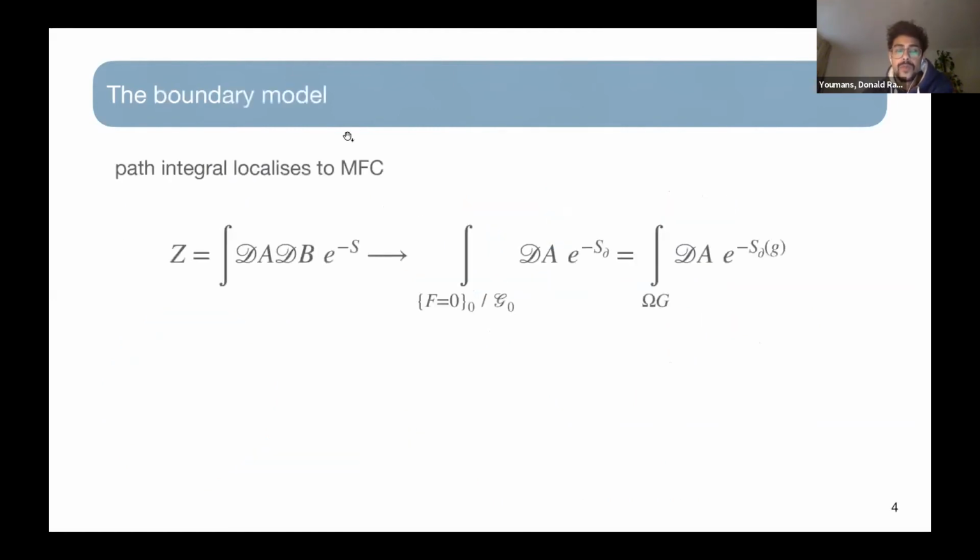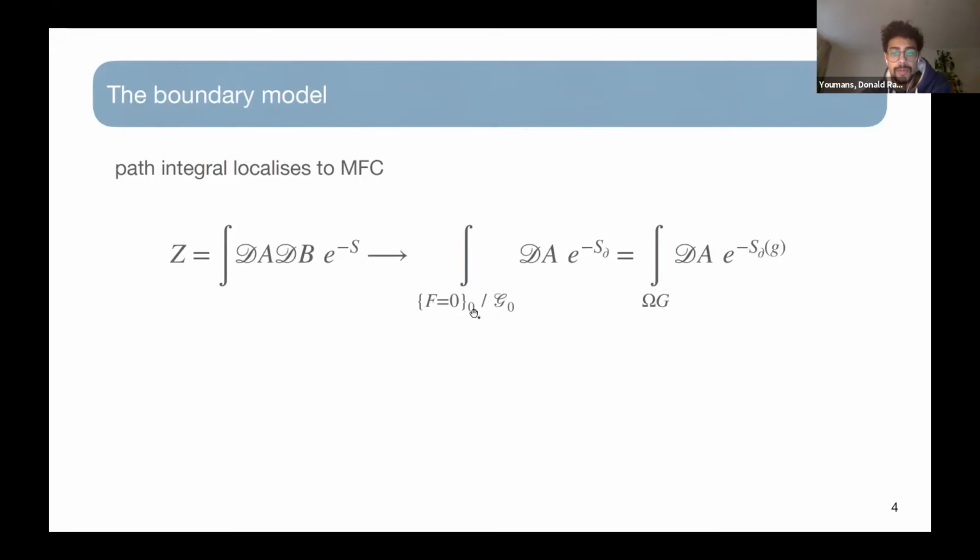In the path integral, and this is just a summary of what I said before, we have the following situation. We have our path integral of our BF theory, and we integrate out B, the Lagrangian multiplier.